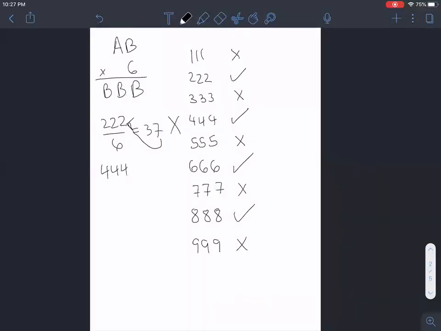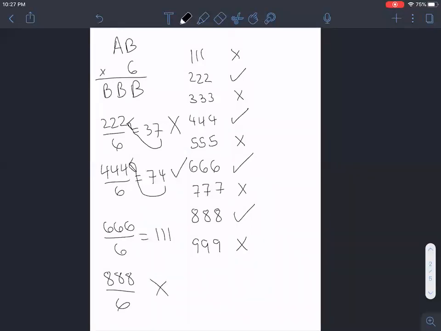444 divided by 6 is equal to 74. 4 is the same thing as 4, so yes, this is a possibility. But let's take a look at the other numbers first before we jump to any conclusion. 666 divided by 6 is equal to 111, that's 3 digits. 888 divided by 6, we don't even need to do that, since 888 is greater than 666, so 888 divided by 6 will also be a 3-digit number.